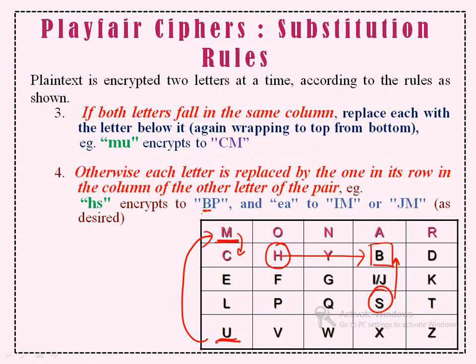So wherever you intersect among the two, the order needs to be maintained. H is the first letter, so we start from H and go towards the right. If I go left, there is no meaning to it, it will never intersect. H we go this way, S we come, wherever it intersects, that letter will be considered. Same as the table-based Vigenere cipher that we have done, a very similar kind of approach.